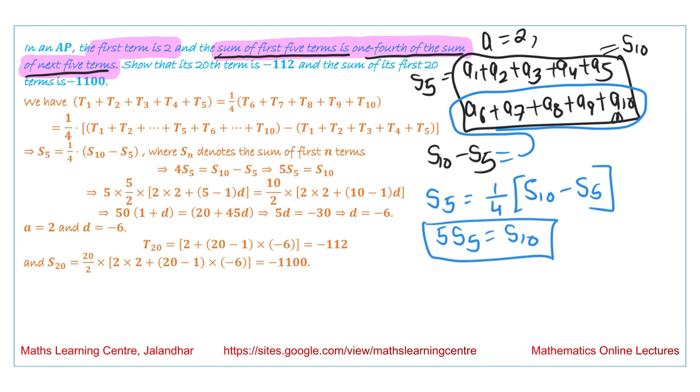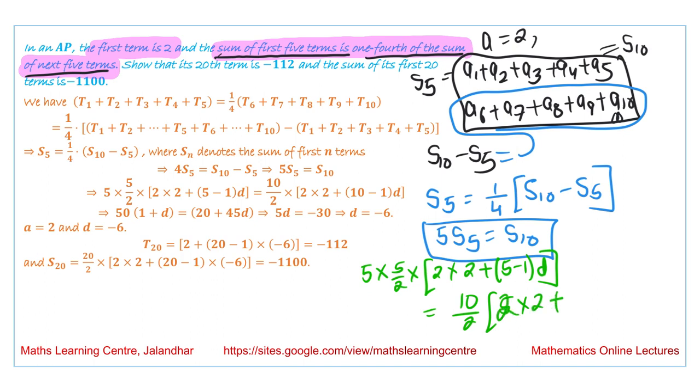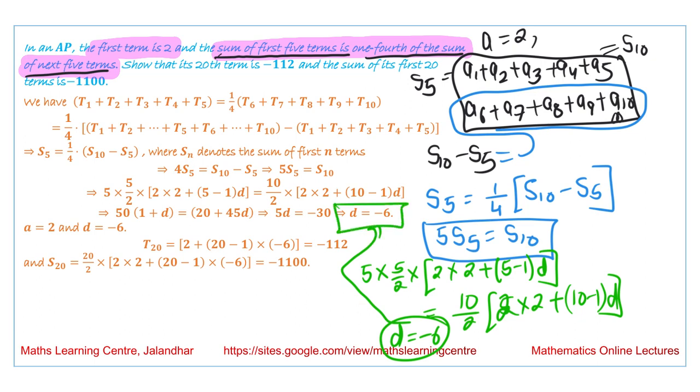Now if we substitute the values in this formula, it is 5 by 2 into (2a plus (5 minus 1)d) equal to 10 by 2 into (2a plus (n minus 1)d). On solving this, we obtain the value of d is equal to minus 6.